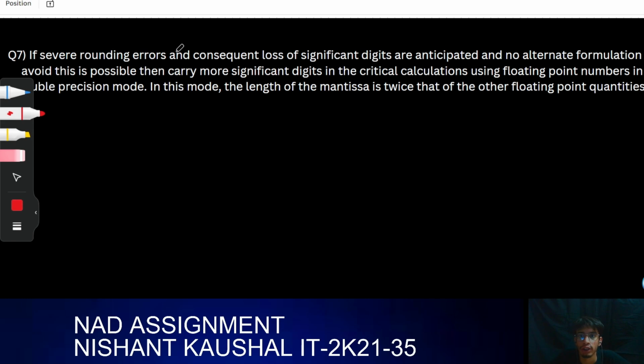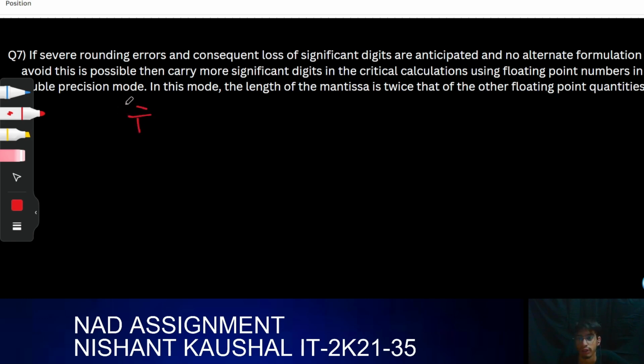If a severe rounding error and consequent loss of significant digits are anticipated and no alternative formulation to avoid this is possible, then carry more significant digits in the critical calculations using floating point numbers in double precision mode. In this mode, the length of the mantissa is twice that of the floating point quantities.